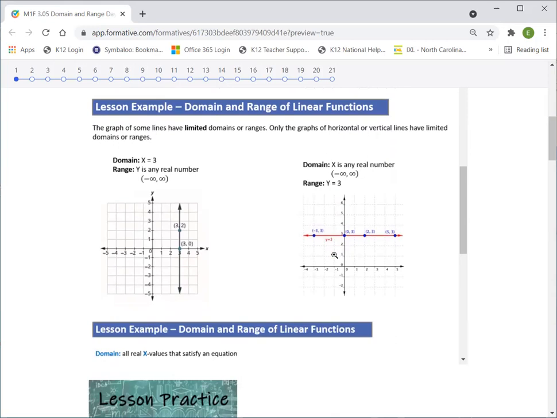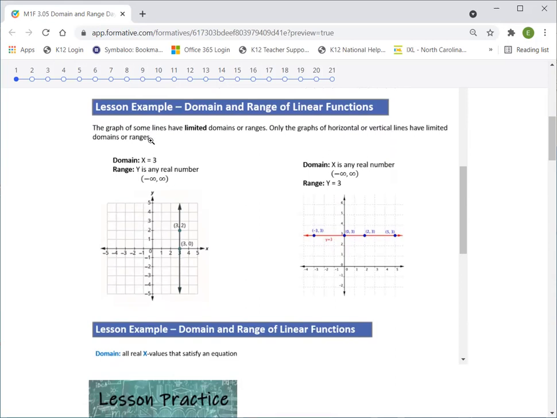Here's another example. Here are the two special cases. So this is a vertical function, which is x equals 3. Okay, which again, that's not a function because it doesn't pass the vertical line test, but we can still determine it linear because it's a line.